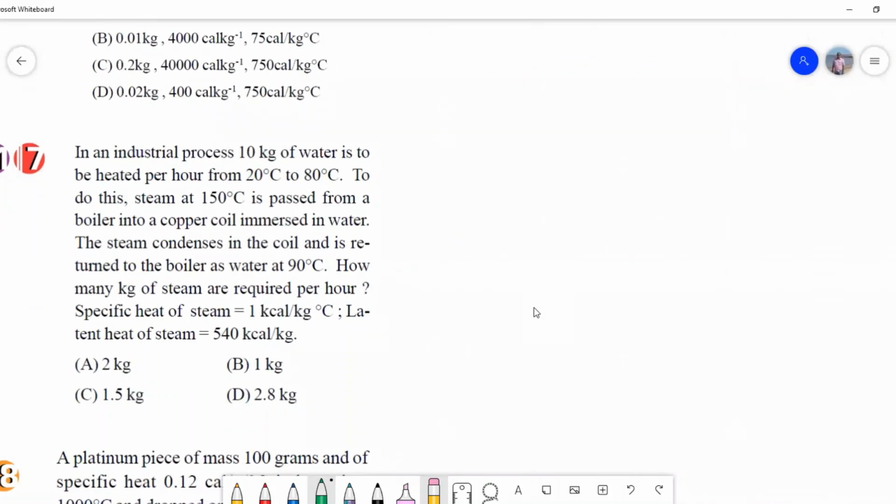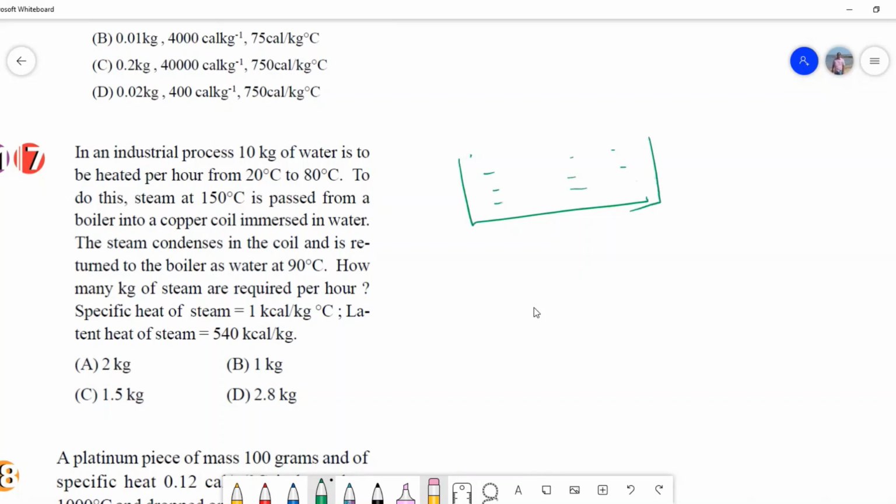Now let's move on to problem number 17. In an industrial process, 10 kg of water is to be heated per hour from 20 degrees centigrade to 80 degrees centigrade. So let us take water here.